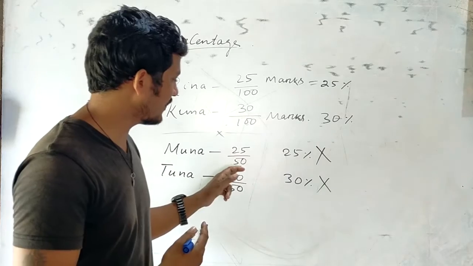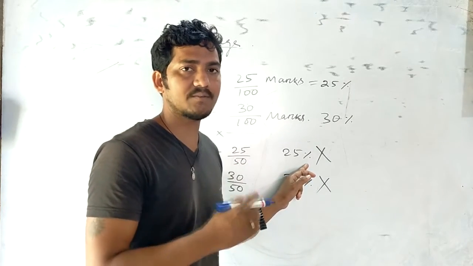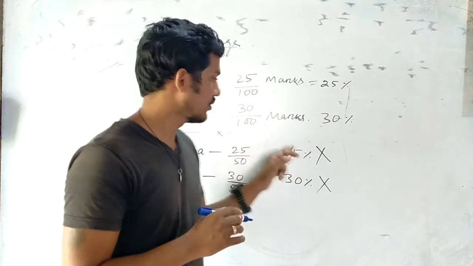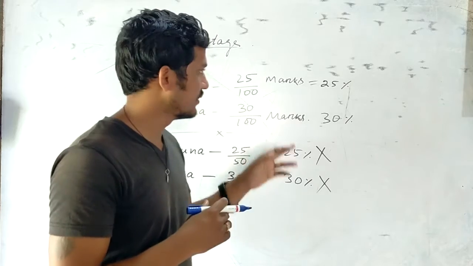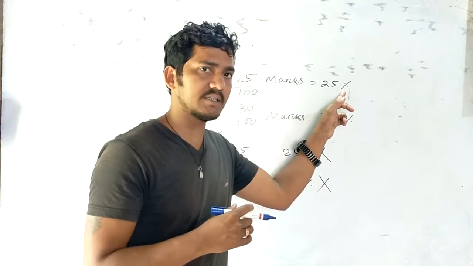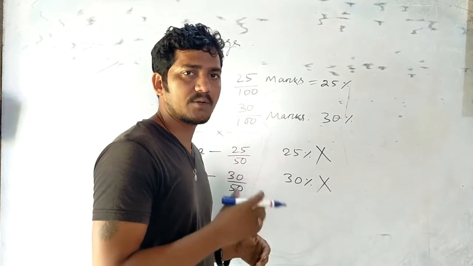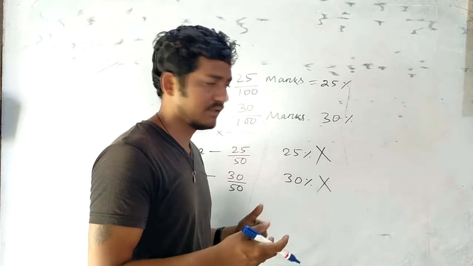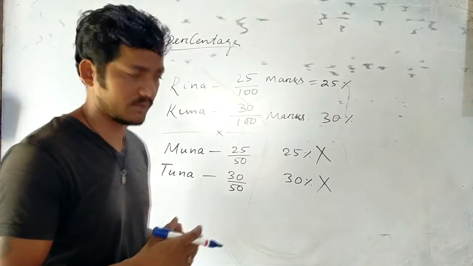So in the case of out of 50, we cannot put any percent sign with the mark. When the mark is obtained out of 100 marks, then we can put the percentage sign. So when the mark is obtained out of a number other than 100, how can we find the percent of that number?